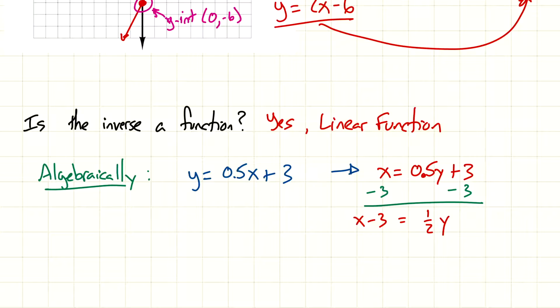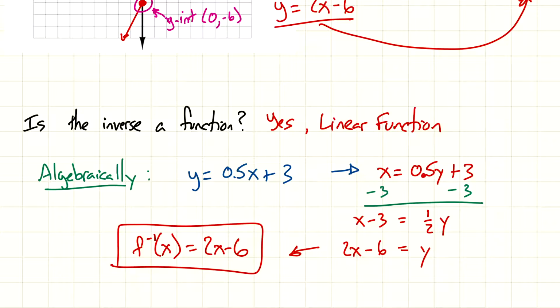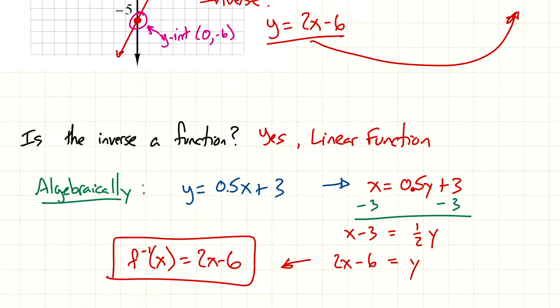That means I'm left with 2x minus 6 equals y. So our inverse function, don't forget our inverse function notation, is 2x minus 6. You should notice that's the exact same equation that we got from the graph.